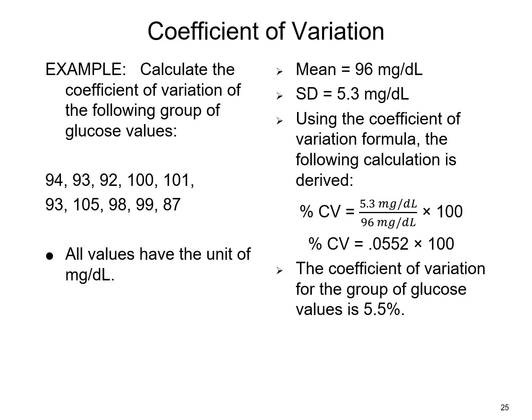Looking at those same set of values, where we've determined that the mean is 96 and the standard deviation is 5.3, we would take that standard deviation, divide it by that mean of 96, and multiply that by 100. That gives us a value of 5.5% for the coefficient of variation for that particular QC analyte, glucose.